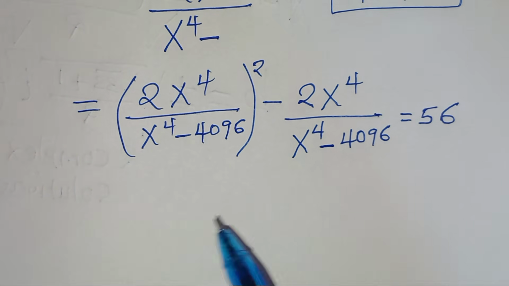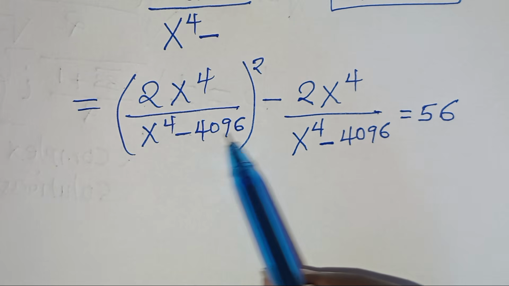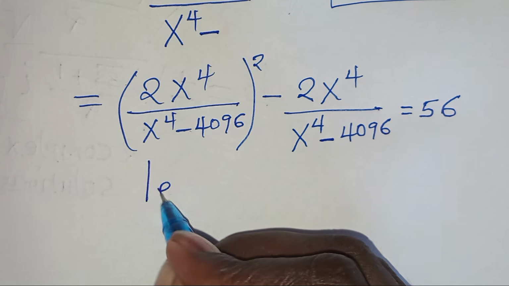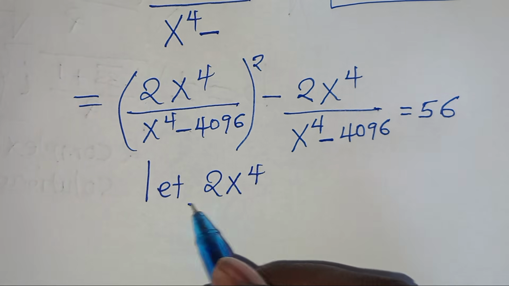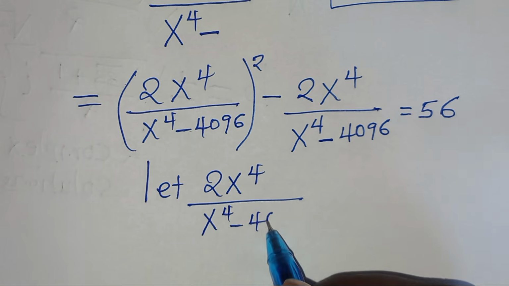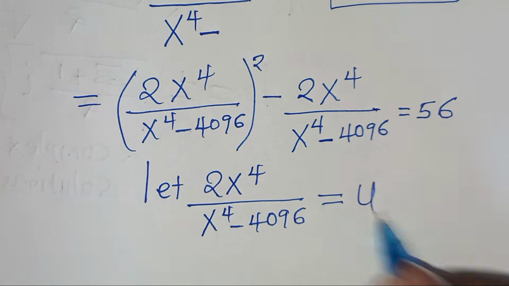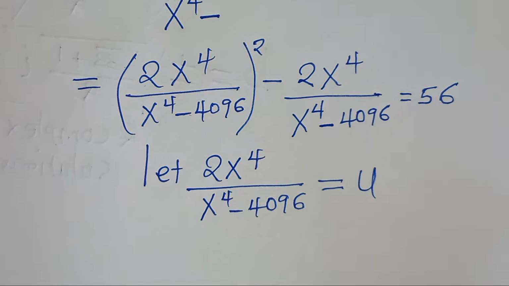Now, we have that 2x to the power of 4 divided by x to the power of 4 minus 4096 is common here. So we can let 2x to the power of 4 divided by x to the power of 4 minus 4096 be equal to u. So let us express this equation in terms of u.